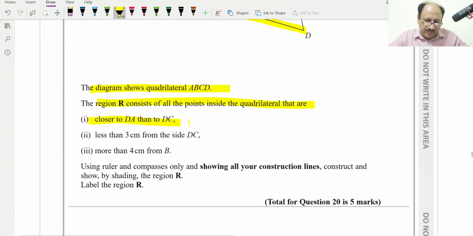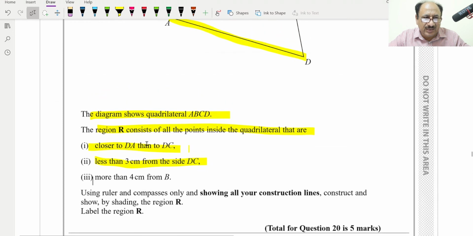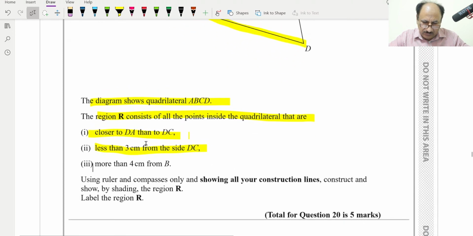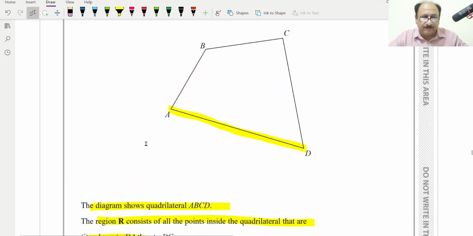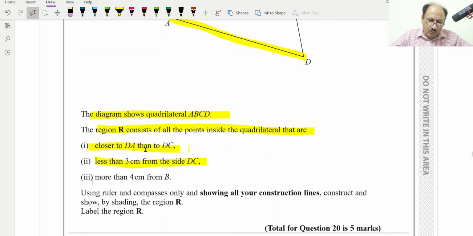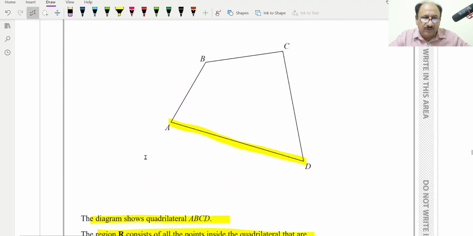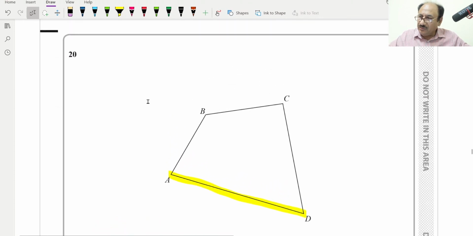Then they are saying less than 3 centimeter from side DC. So it should be less than 3 centimeter from that side, and more than 4 centimeter from B. So more than 4 centimeter from B, we will draw a circle of 4 centimeter.